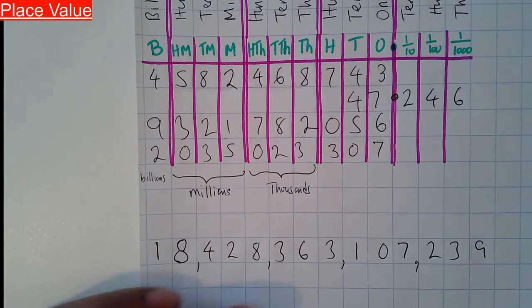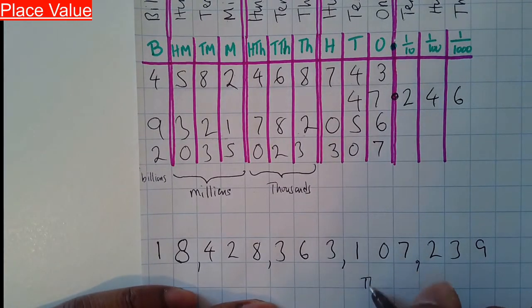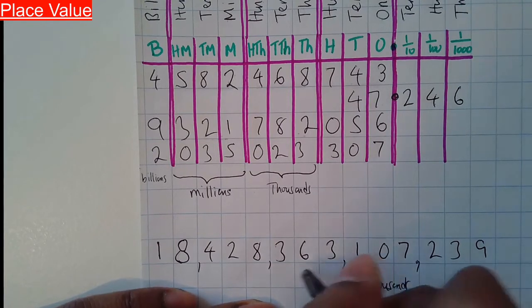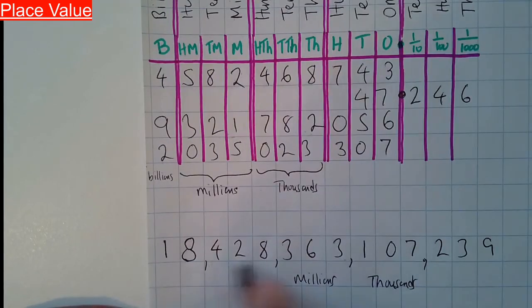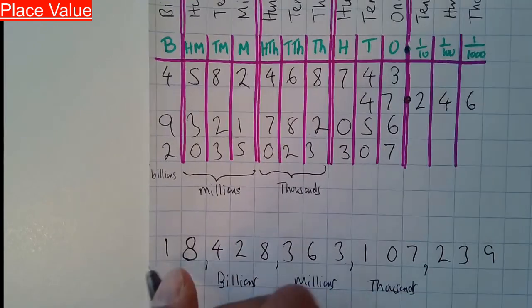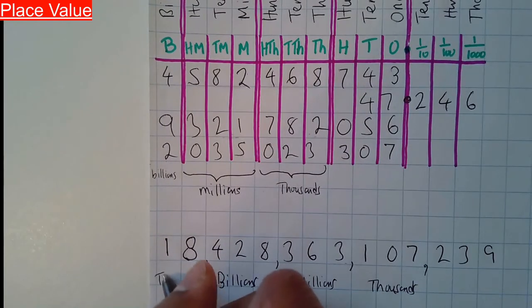So how does that read? Well, I know all of that. These are the thousands. Over here, these ones represent the millions. These 3 here, billions. And over here, trillions.